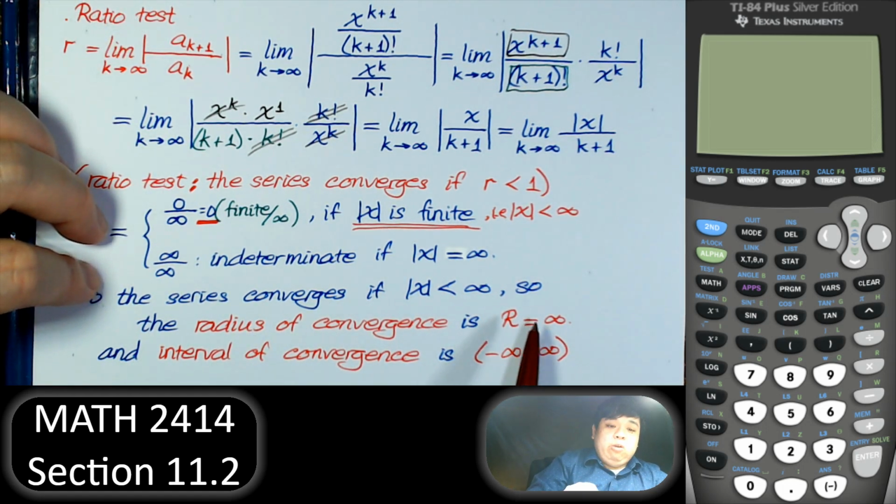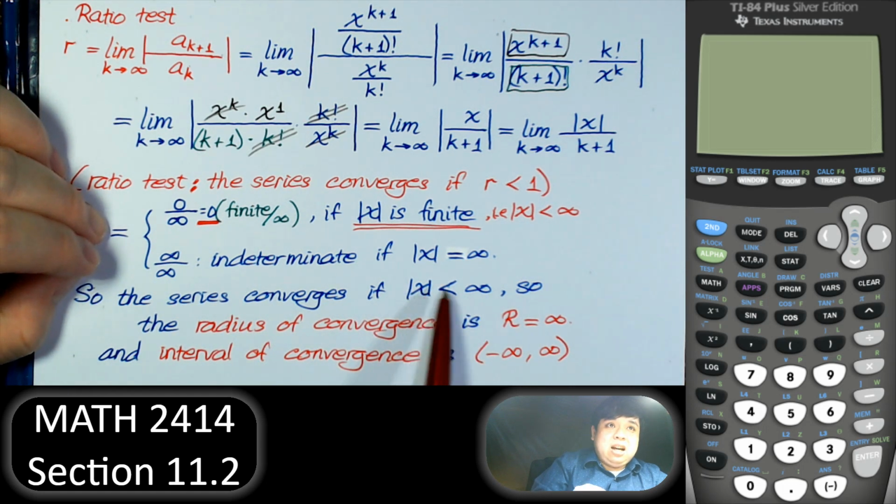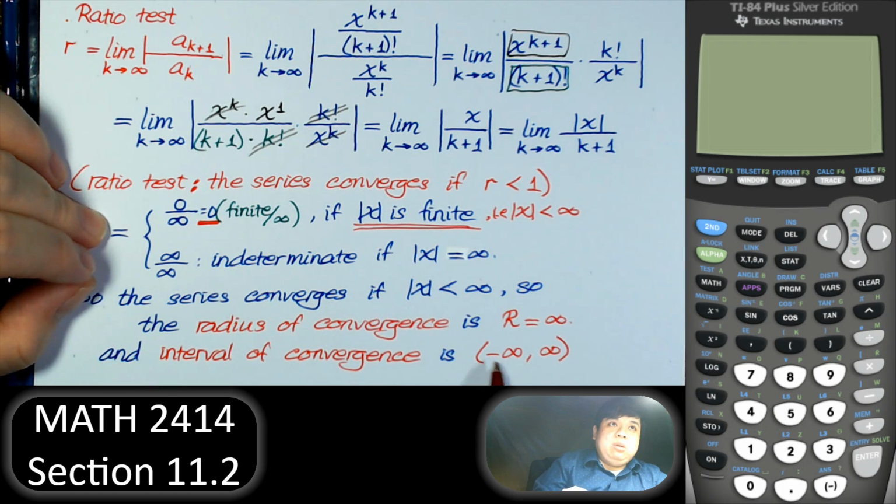So the radius of convergence, when we write in the form absolute value of x less than something, is that something. And the interval of convergence is between negative infinity and infinity.